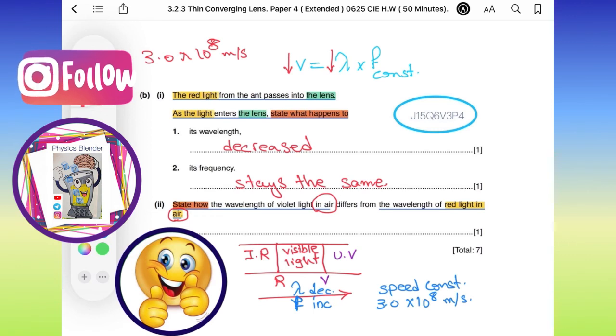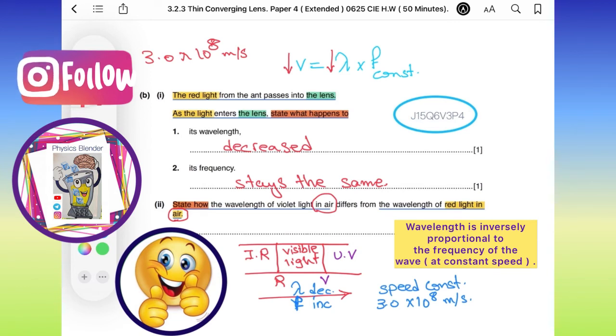So infrared, visible light, ultraviolet. So violet has smaller wavelength than red. So state how the wavelength of violet in air differs from red. It is smaller.